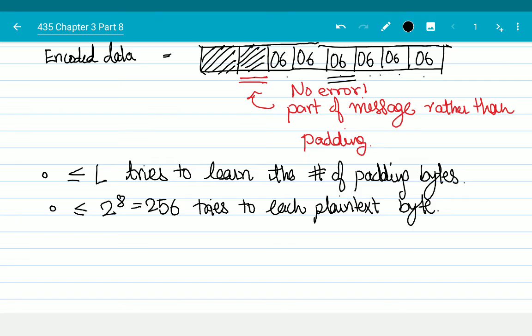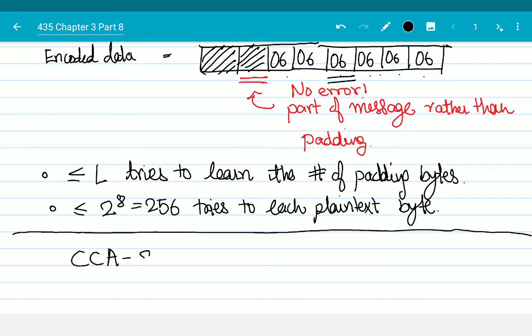Okay. So what have we seen so far? We saw CCA security, a summary.